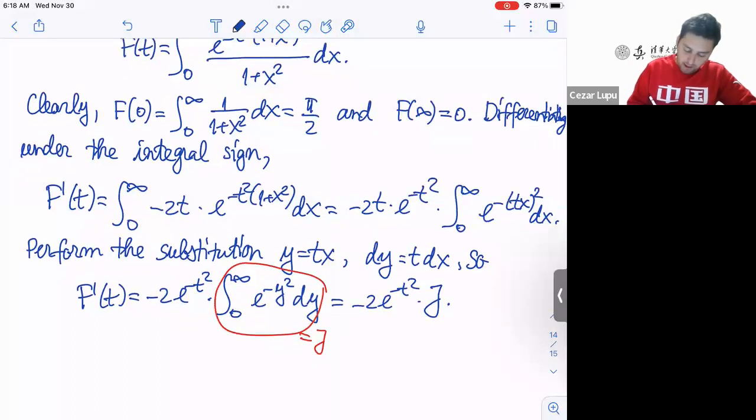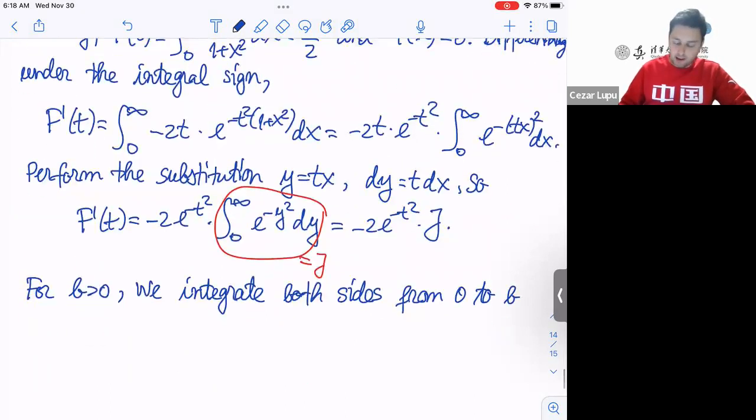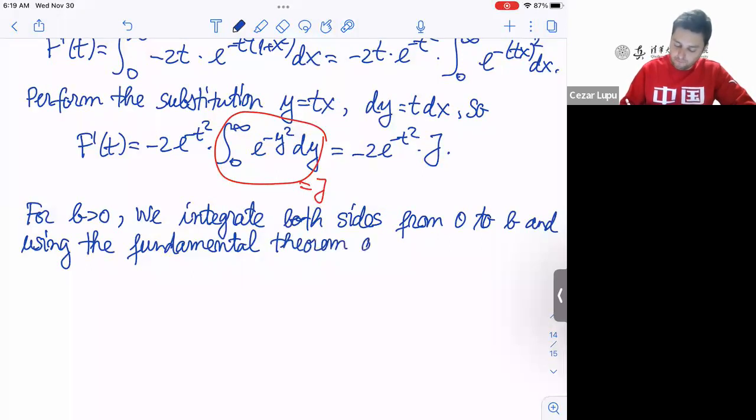For a positive real b, we integrate both sides from 0 to b, using the fundamental theorem of calculus. We're going to have the following.